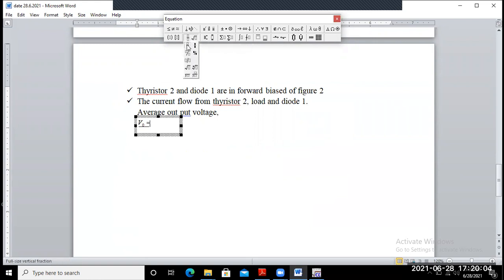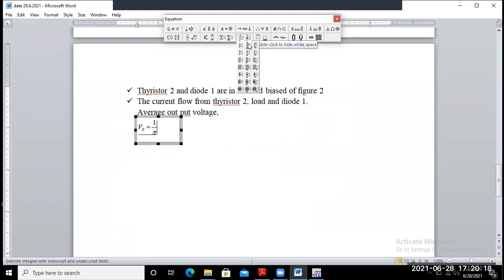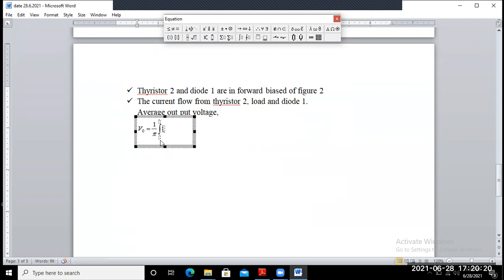So you can write here 1 by pi, integration of zero to alpha. We got the output voltage 0. The output voltage starts from alpha.